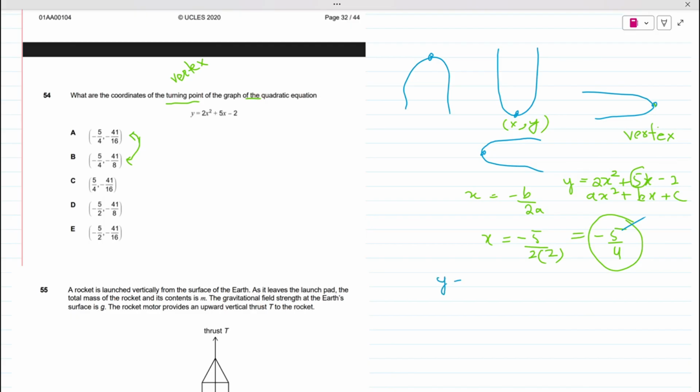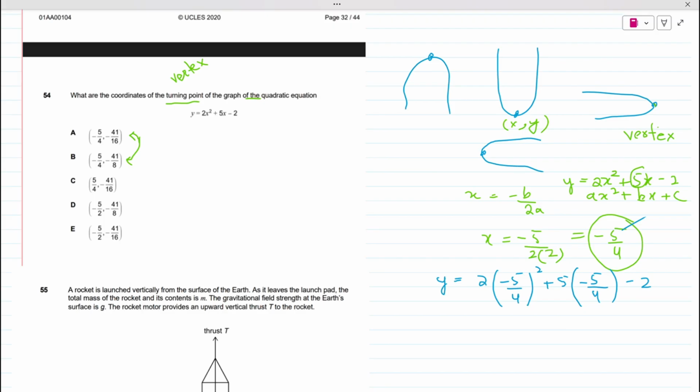So y is equal to 2x square. Instead of x, we have written minus 5 upon 4, whole square, plus 5 times minus 5 upon 4, and then minus 2 we have. Then now we are supposed to simplify it.